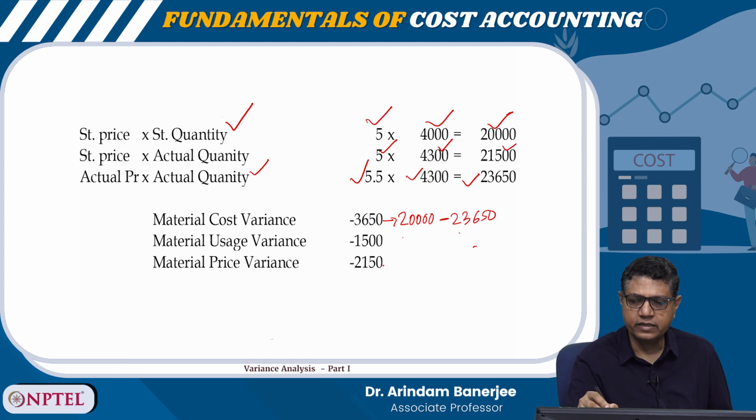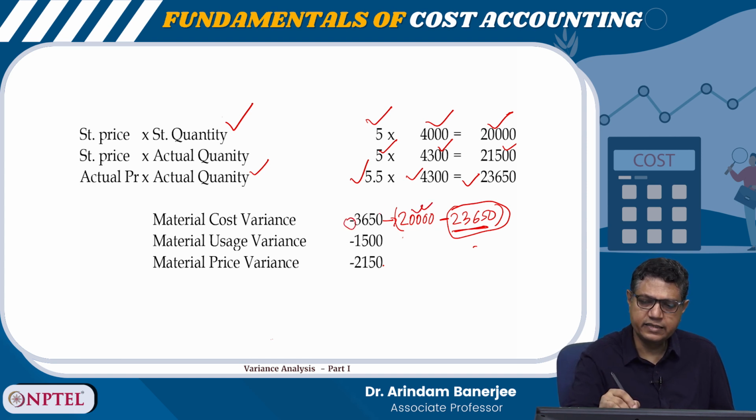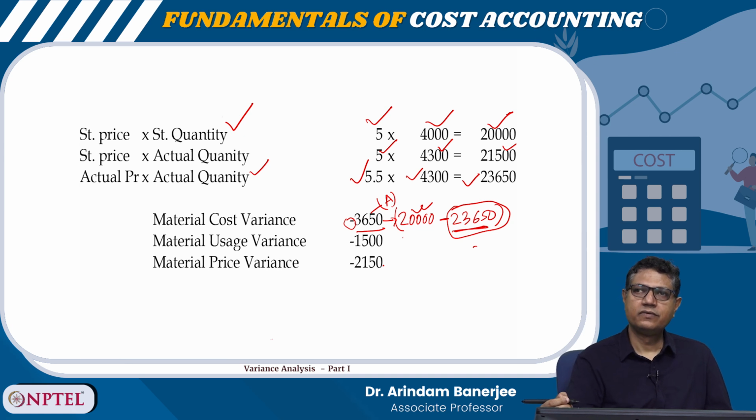Now you see the actual cost is bigger than the standard cost, so this variance is minus. This minus signifies that it is an adverse variance. Fine, so the material cost variance in this case is 3650 adverse.